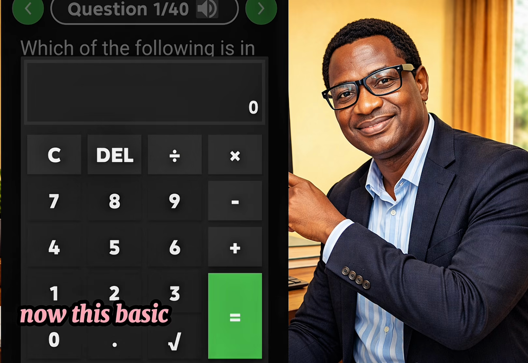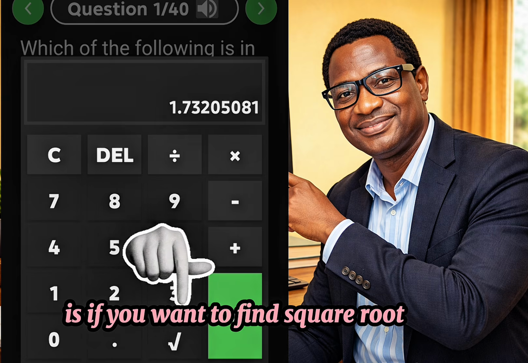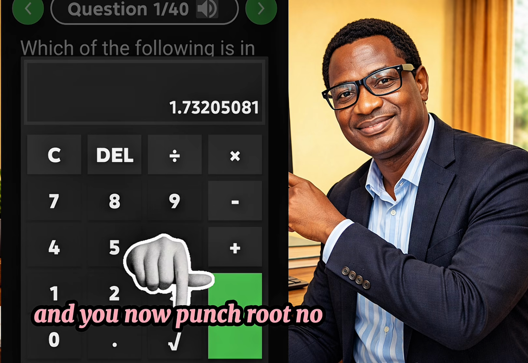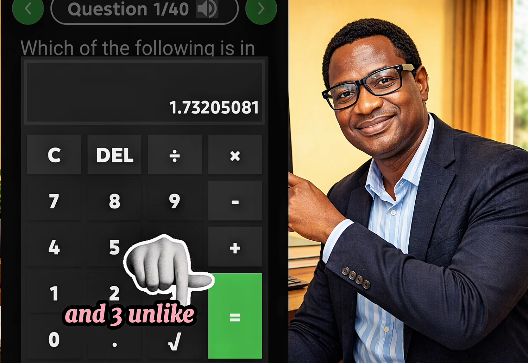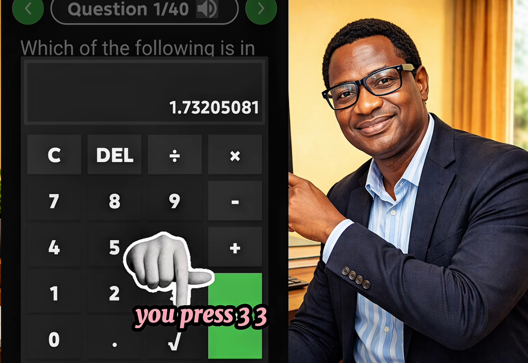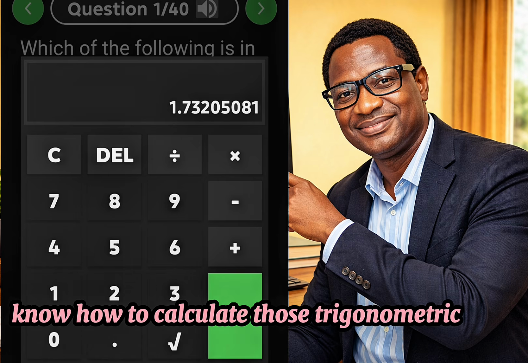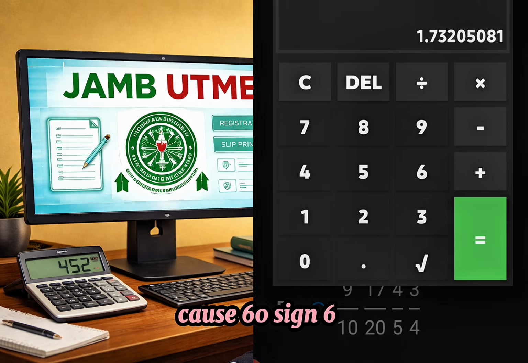Now the basic ones, the only ones you have here, is if you want to find square root of 3, you punch root, not the square root and 3, unlike some scientific calculators. So you press 3 then square root, and that gives you the answer. So now you are left to either know how to calculate those trigonometric ratios, cos 60, sin 60, sin 90, sin 180, sin 270, cos 90, cos 0.